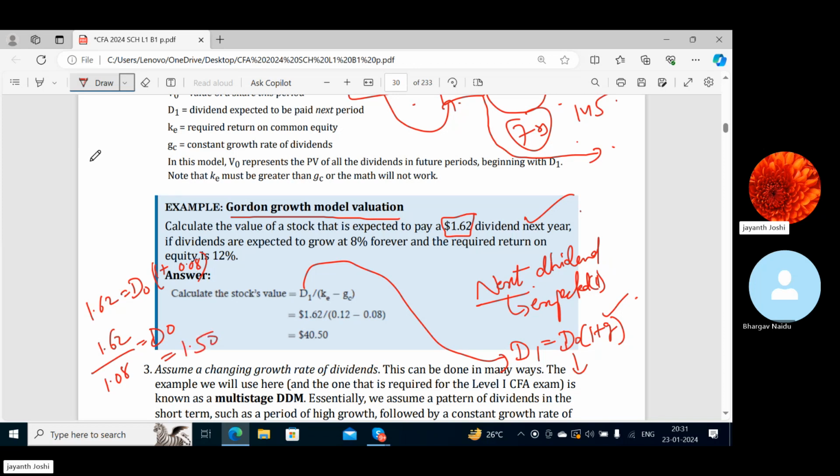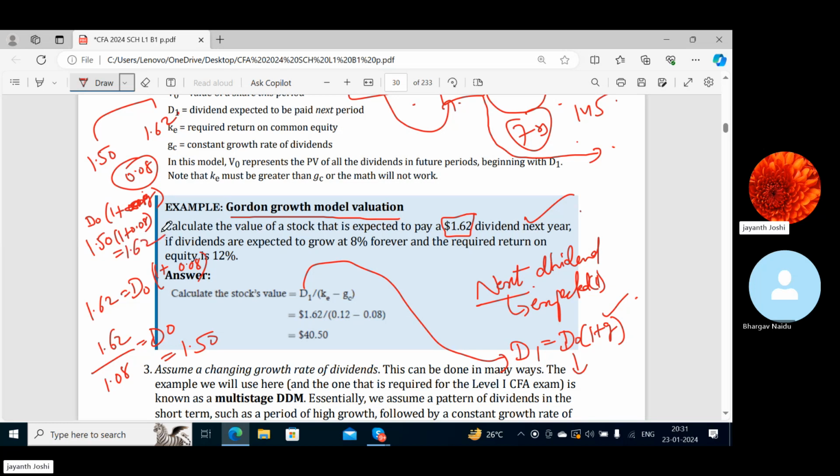That means today the dividend is 1.50, which is going to become 1.62 after 1 year at the rate of 8%. So 1.50, which is D naught into 1 plus G, 1 plus 0.08, gives you 1.62.